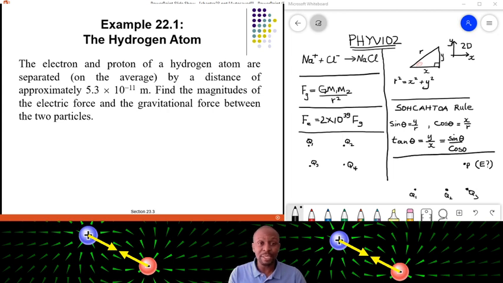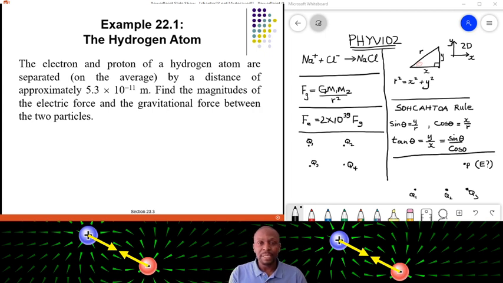In this case, the electron and proton of a hydrogen atom are separated on average by a distance of approximately 5.3 times 10 to the power minus 11 meters. Find the magnitude of the electric force and the gravitational force between the two particles.